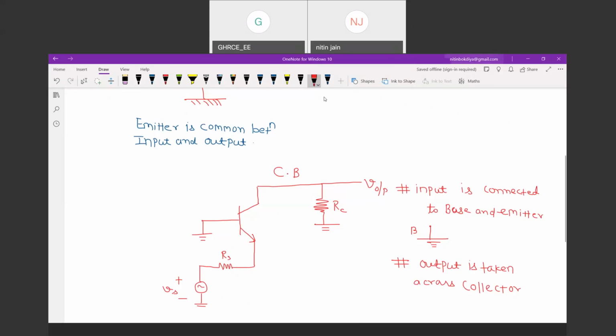When we will use this, the idea is the circuit is having excellent frequency response and the small signal resistance is low, है ना?